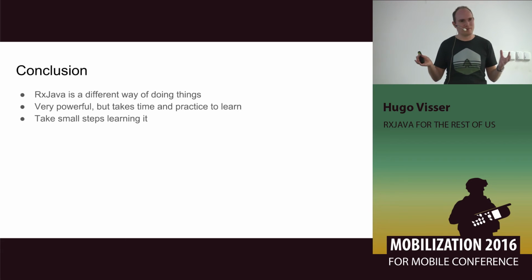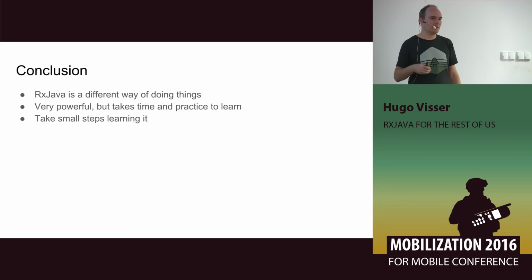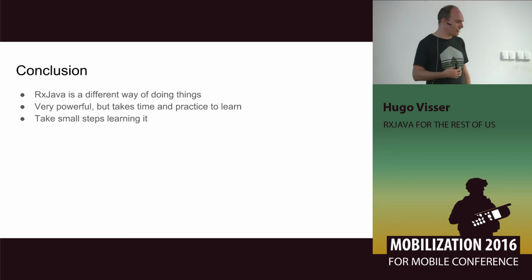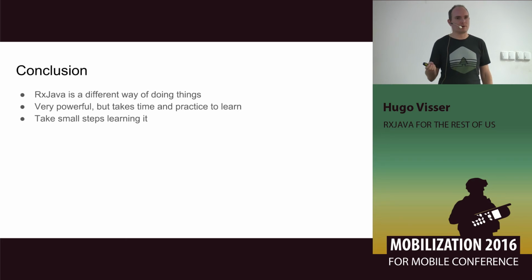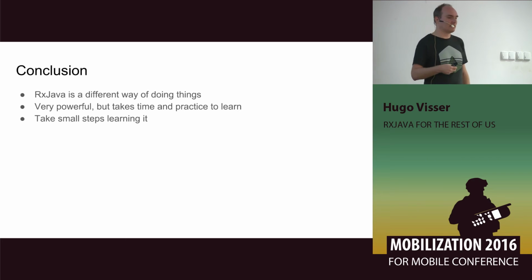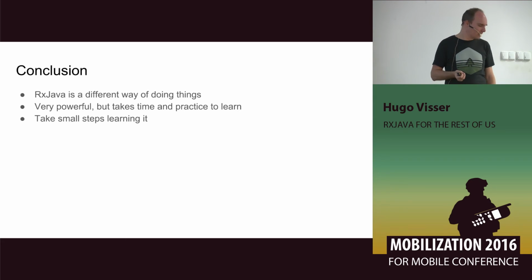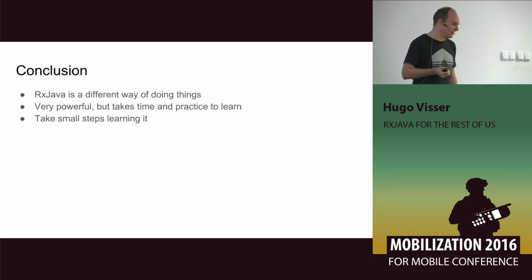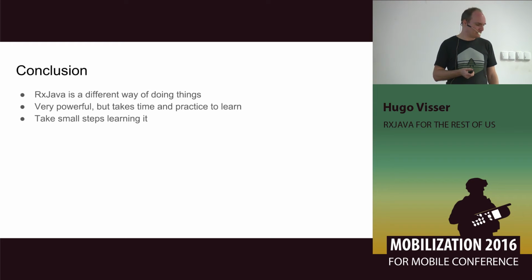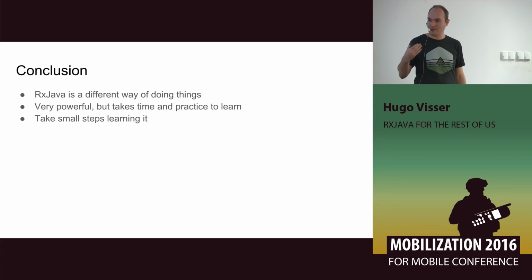Don't go full out reactive until you really get what you're solving. And there are many places where callbacks and even async tasks are still okay to use. So don't go in thinking, oh, this is an async task, let's remove it, let's make everything RxJava. That would be my main conclusion, and take small steps to learning it.